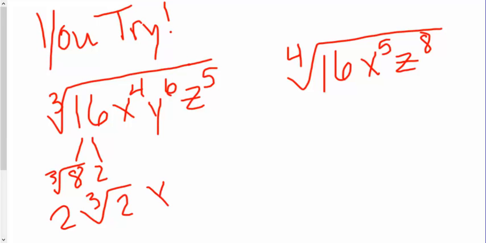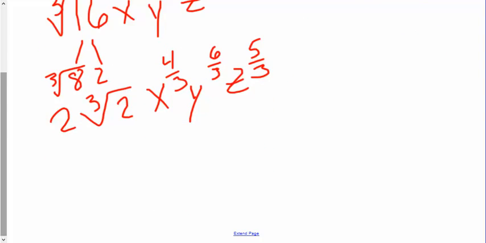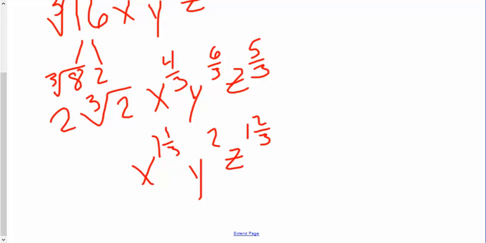Then I can take this as x to the 4 over 3, y to the 6 over 3, and z to the 5 over 3. That means I'm going to have x to the 1 1/3, y squared, and z to the 1 2/3. And I still have that 2 cube roots of 2.